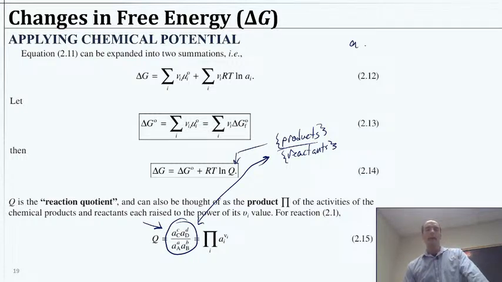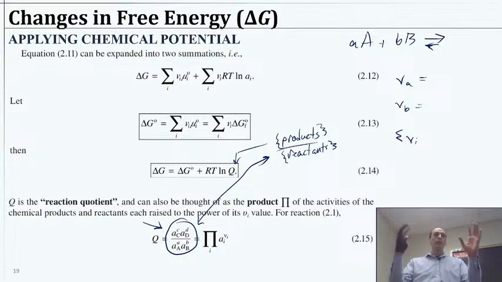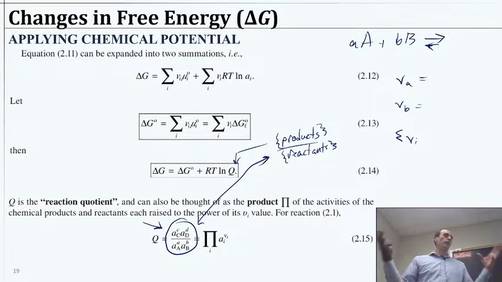So when we said A plus B, blah, blah, blah, the v for A has some value and v for B has some value, and then the sum of vi would be capturing each one of those. So as we go through the list, we are putting them all together into one unit.